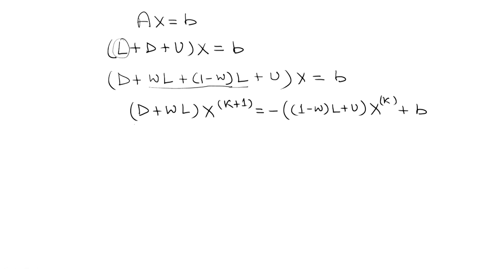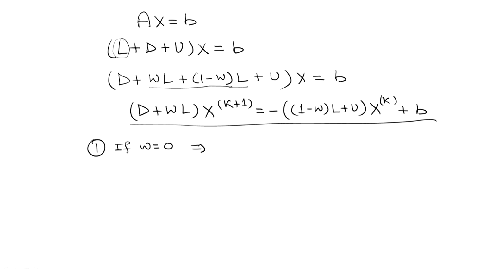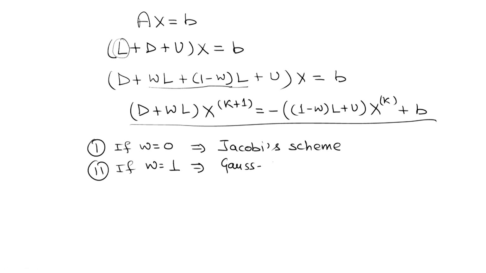Now, if in this equation I take omega equals 0, then what will happen? It becomes D x k plus 1 equals minus L plus U x k plus b. So this becomes Jacobi's scheme. If I take omega equals 1, then it becomes the Gauss-Seidel scheme.